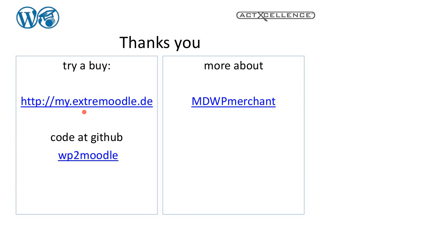Yes, there's one link. I have set up this on my Extreme Moodle page. There's also a WordPress version with my.extrememoodle.de, and there you can try to check out the WooCommerce membership solution and the Digistore solution.